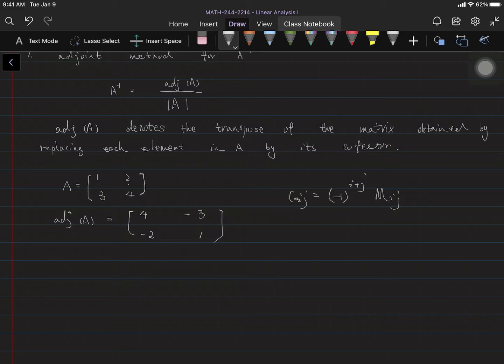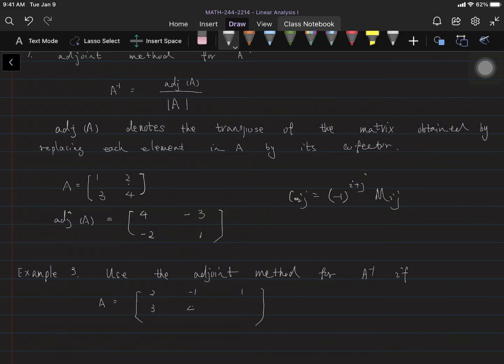So let's take a look at this in an example. I'm going to show you how to find the inverse matrix by using adjoint method. So let's see. Use the adjoint method for inverse matrix if A is given by a 3 by 3 matrix.